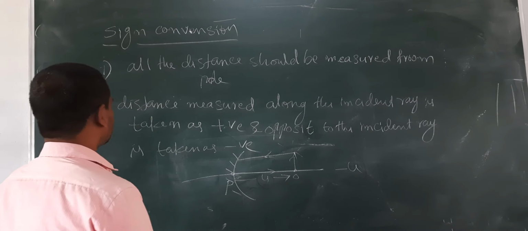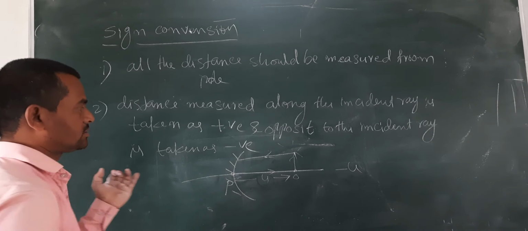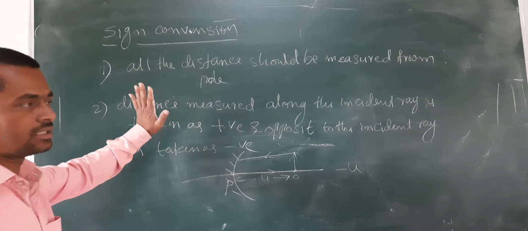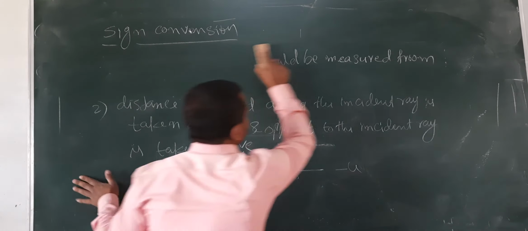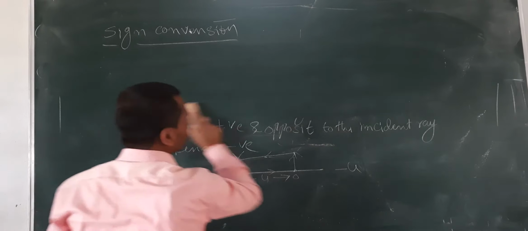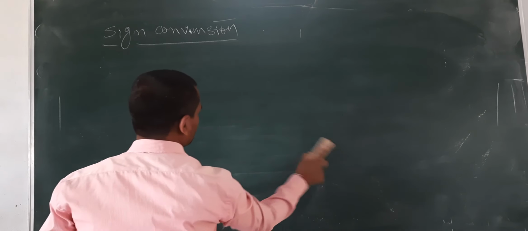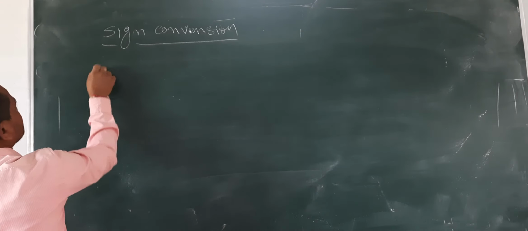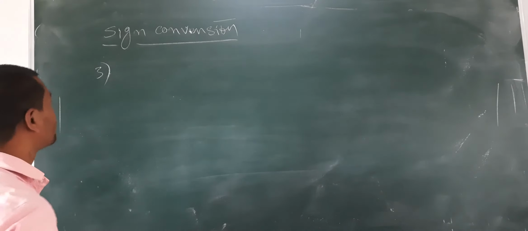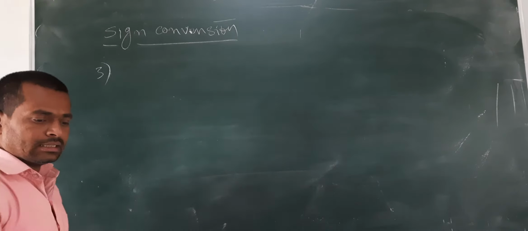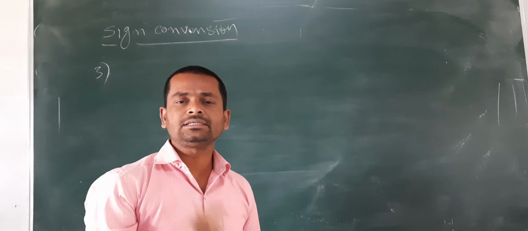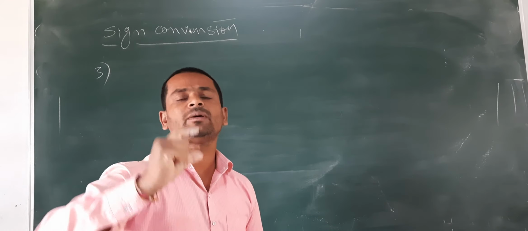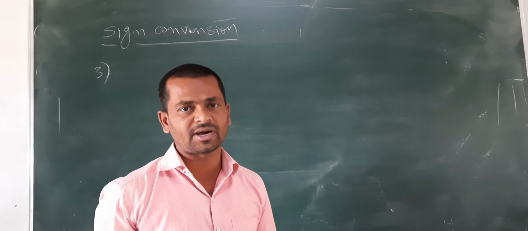Next, the third point includes height. The height of the object or image above the principal axis is taken as positive.